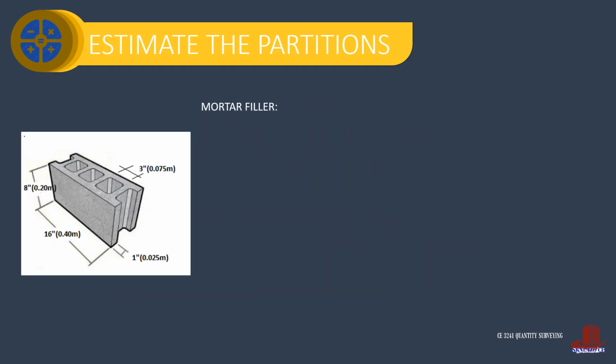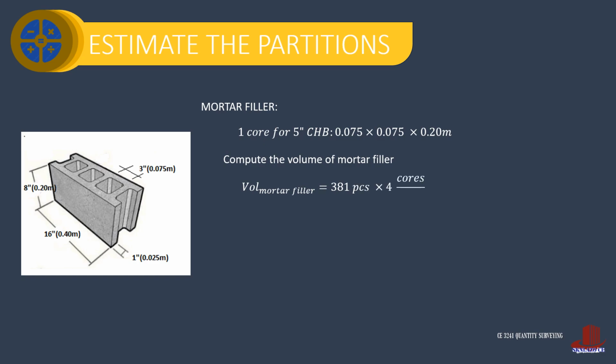For the mortar filler, since we are using the same 5 inches thickness of CHB, the dimensions of the core remain as 3 inches by 3 inches by 8 inches. Compute for the volume and have 381 pieces times 4 cores of 0.075 by 0.075 times 0.2, getting 1.7145 cubic meters.